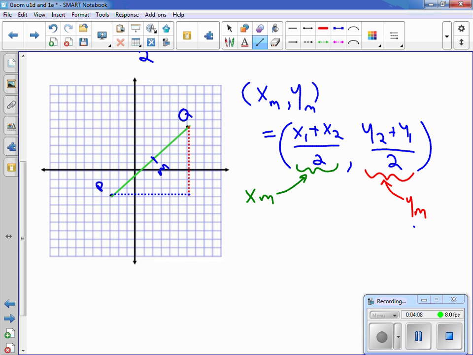Same way. So a midpoint between our 2 x's and our 2 y's.